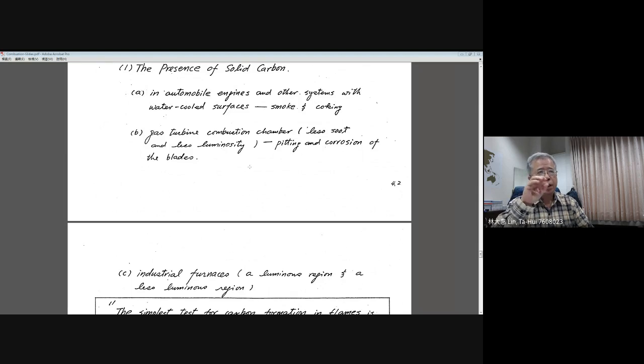Small amount means they still have it, but do not have a very large luminosity. They do not show very intense yellow colors. Then you still have small particles, but those small particles will produce a severe problem for gas turbine applications, because at the end of the gas turbine combustion chamber, the hot flow will flow to the turbine, right?